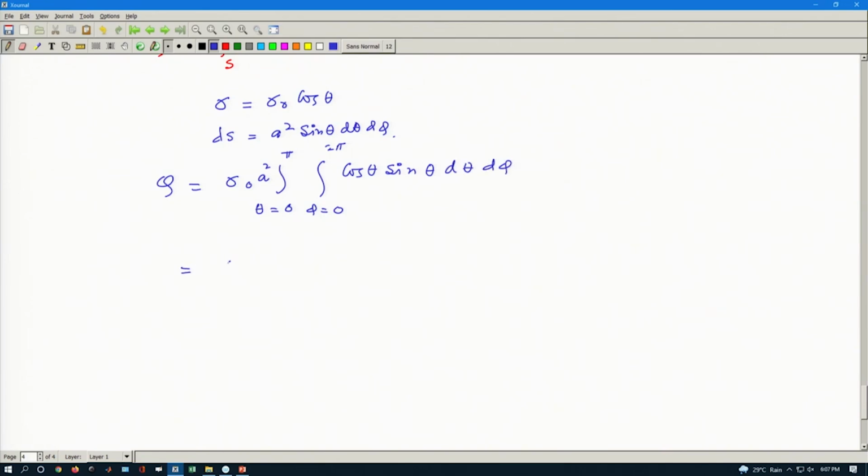So, I have 2 pi because of d phi, sigma 0 a square out, and I need to integrate.